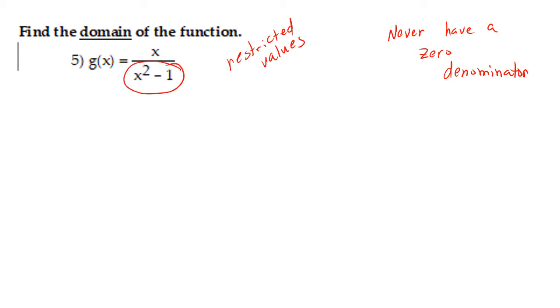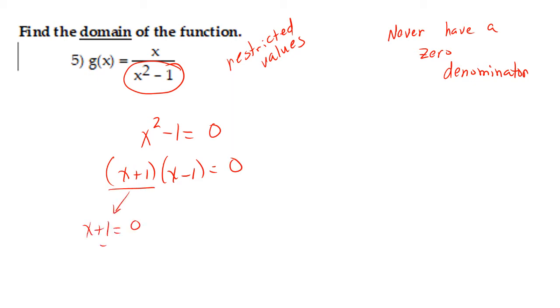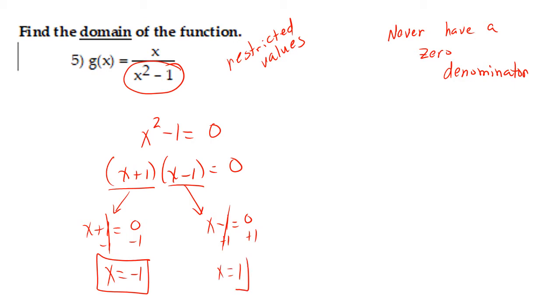You can disregard the numerator for this process and set that equal to 0. If you notice, that's the difference of two squares, and it factors. Take each factor and set that equal to 0 to find these restricted numbers. So I have a restricted number of -1, and I'm going to have a restricted number of +1.